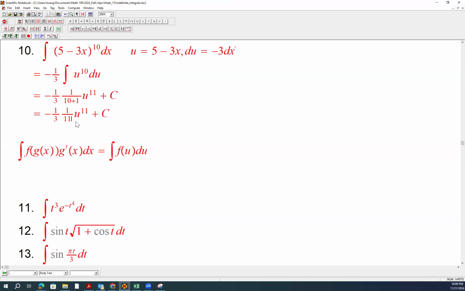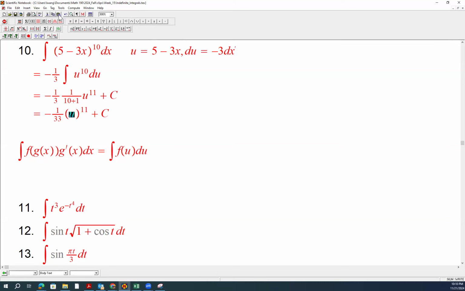This is 11. So 1/11 times 1/3, that's going to be 33. There's a negative sign in front of it, and replace u by its equal.